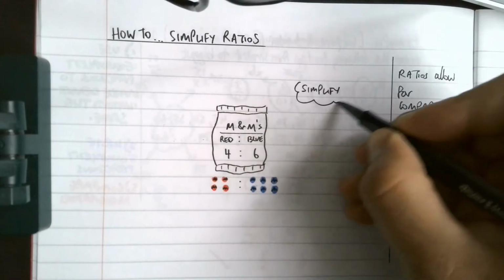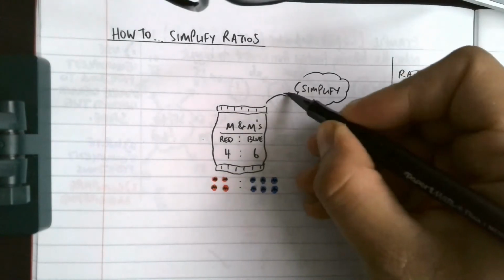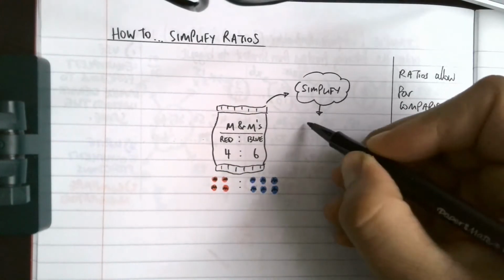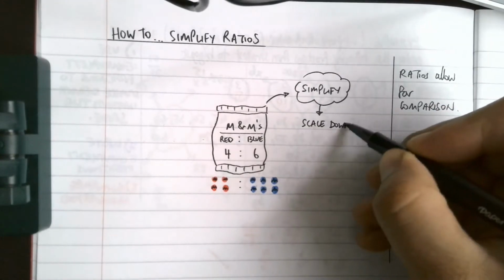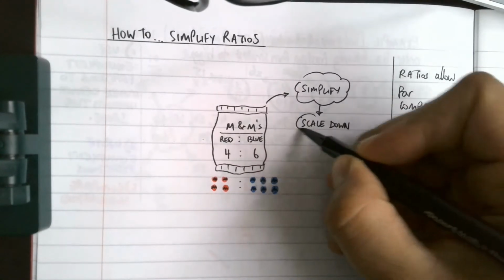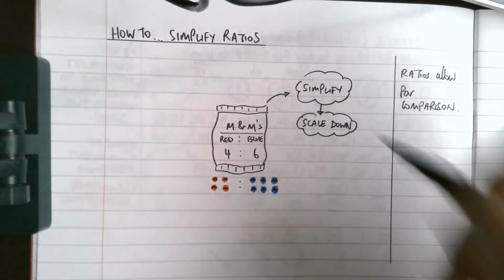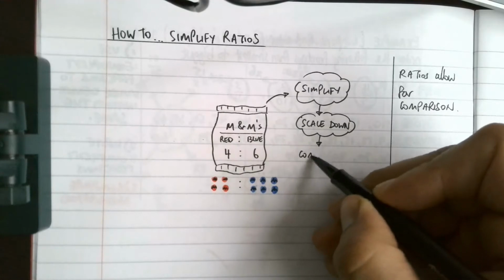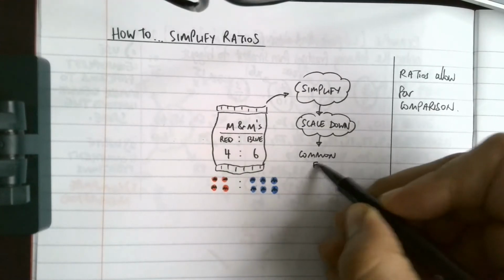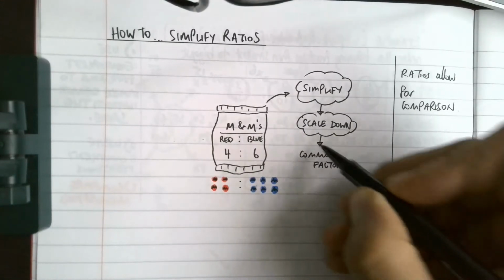Now when we're looking to simplify a ratio, what we're trying to do is actually scale down, and scaling down equally. So if our ratio is 4 to 6, then what we're doing is we're looking for a common factor.